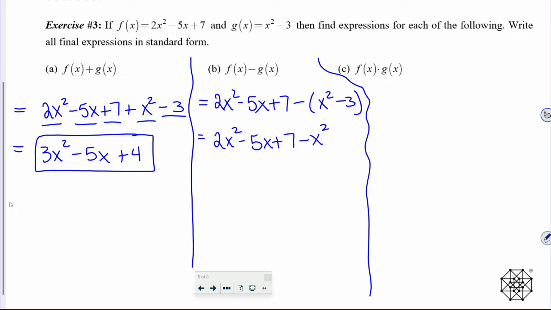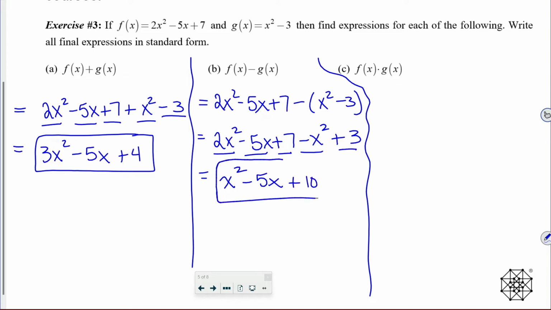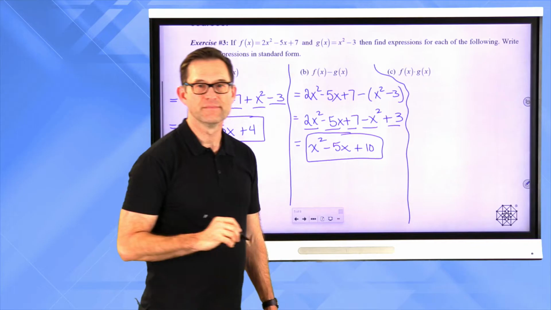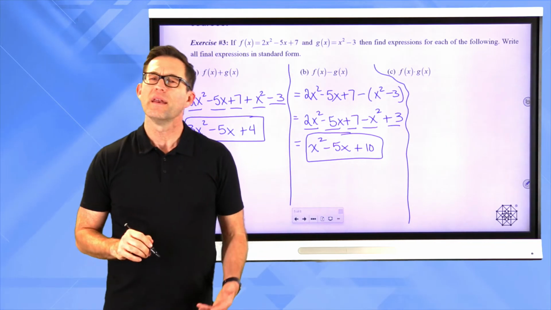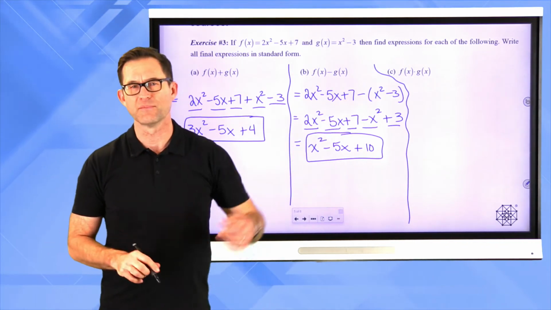Negative x squared plus 3. But now it's just an issue of combining like terms. 2x squared minus x squared is a single x squared. Negative 5x doesn't combine with anything again. And 7 plus 3 gives me positive 10.